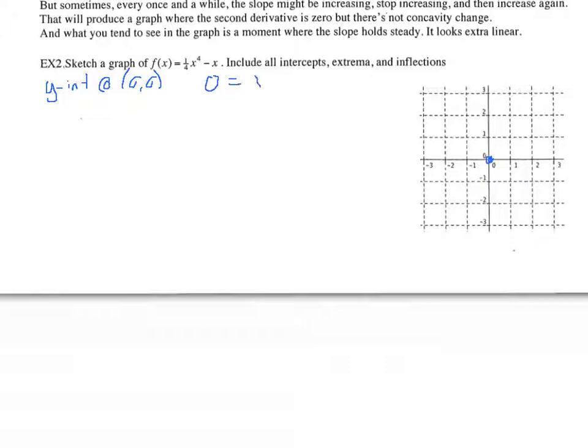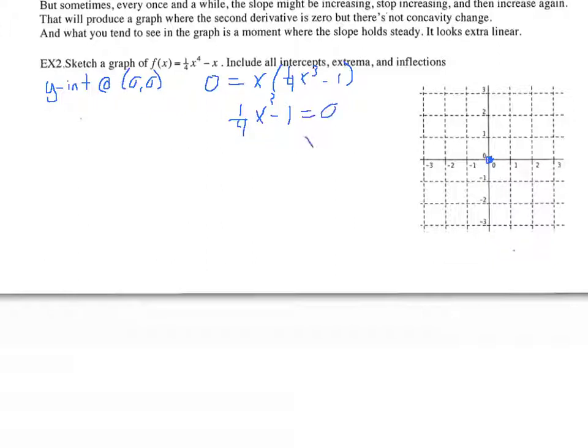Now the x-intercepts will be when the function itself is 0. We can factor out an x. That leaves us with 1/4 x^3 minus 1. Using the zero product property, we want either the factor x to be 0, which we already have, that's this point right over here, or we want 1/4 x^3 minus 1 to be 0.